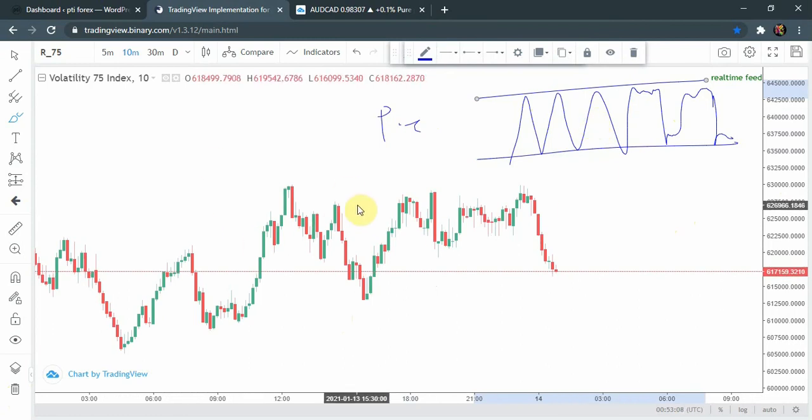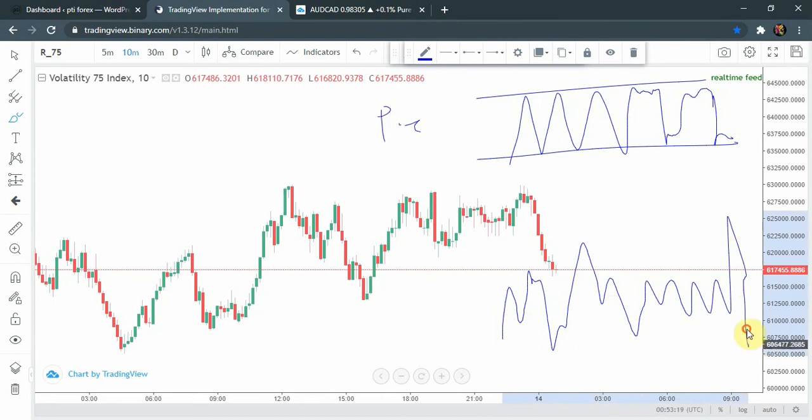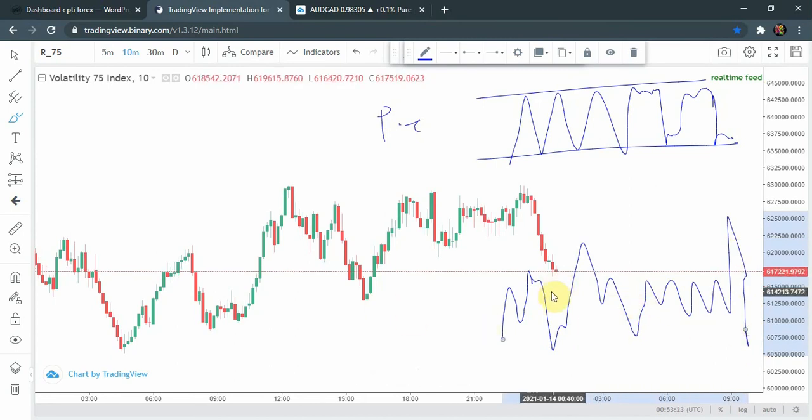But when you come to this market, you'll find a range doing something like this, doing something like this, doing something like this. It's just a funny market where there is no kind of precision. So that also should be in your mind.